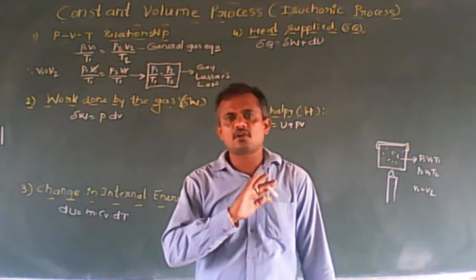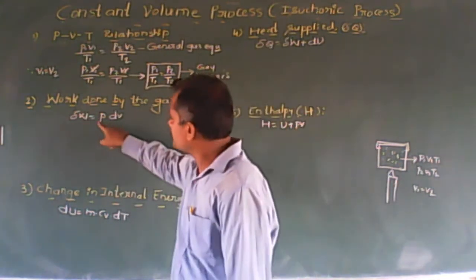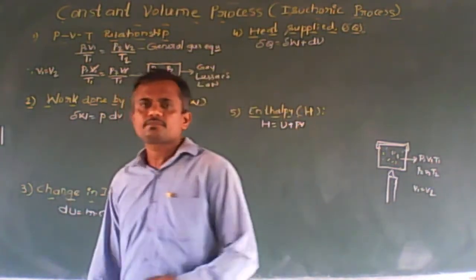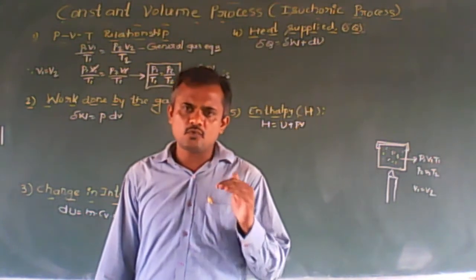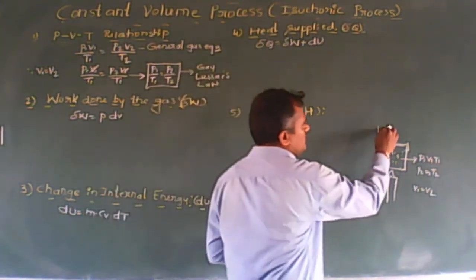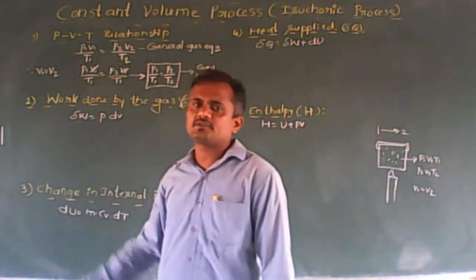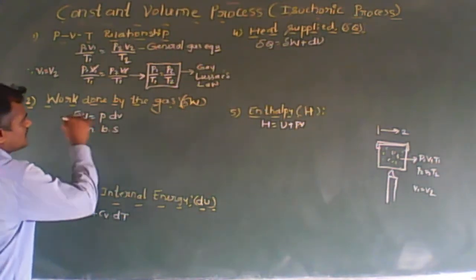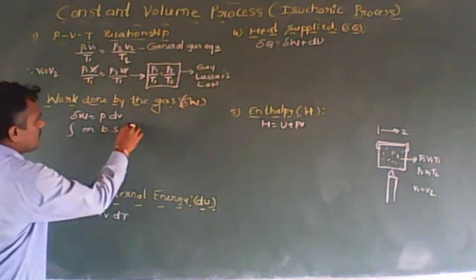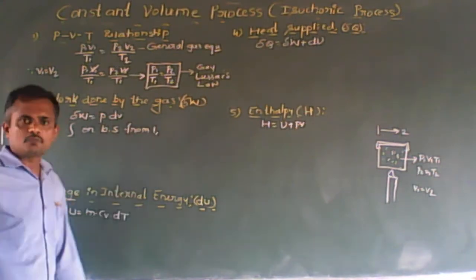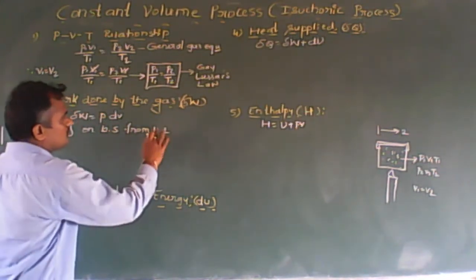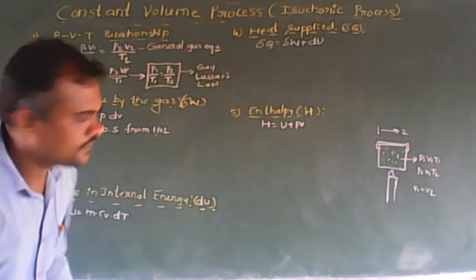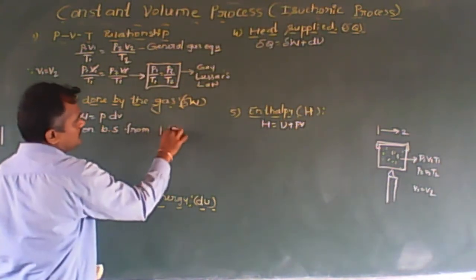But what is the expression for work done? The general expression for all thermodynamic processes is delta W is equal to pressure into dV. If I take integration from 1 to 2, integrating on both sides, from one thermodynamic state of the system to the other, from 1 to 2, then delta W is equal to the integral of P dV from 1 to 2.